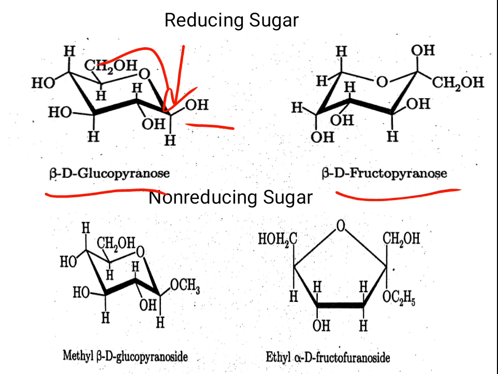Where is it? This carbon. No, actually not this one. Actually, it should be, sorry, this one. This one is the hemiacetal linkage, where this carbon is attached with one OH and another one OR.